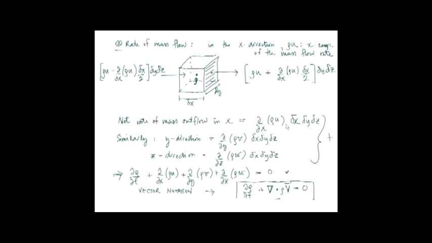So we'll get these three equations plus the accumulation term, and this all is equal to 0. So in vector notation we can write partial rho by partial t plus del operator dot product with rho v bar is equal to 0.